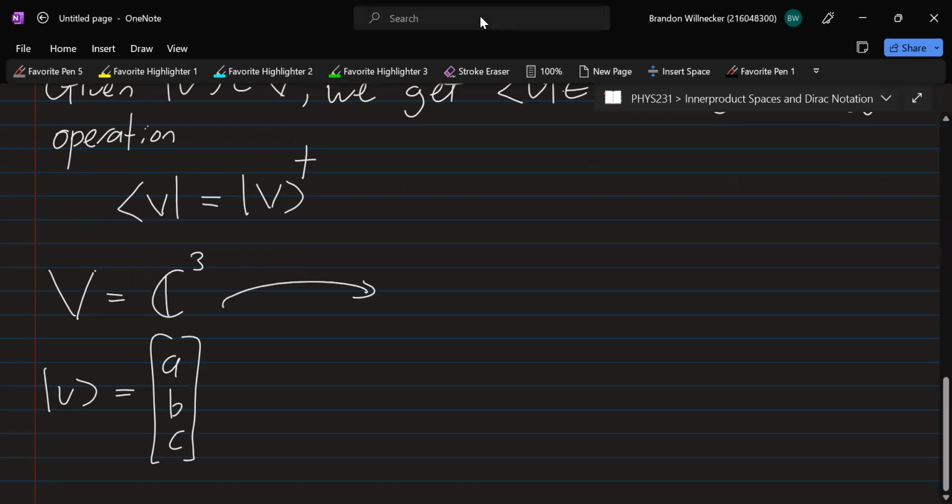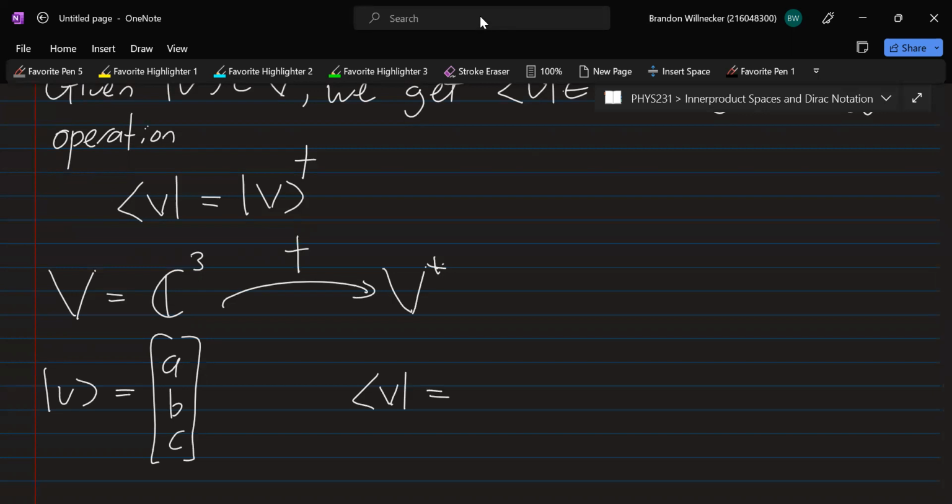Then, if this is our vector space, we can construct the dual vector space V star. Those elements would then be the bras, and we can use the dagger to get from one to the other.